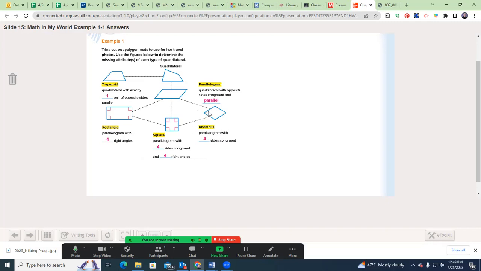If it has four right angles, it is a parallelogram with four sides congruent and four right angles, it's a square. And these little pink boxes here show you that's a 90-degree angle. Another type of parallelogram with four right angles, but not four congruent sides, is the rectangle. So a square is a rectangle, technically. It's just that it has four congruent sides instead of two congruent sides.